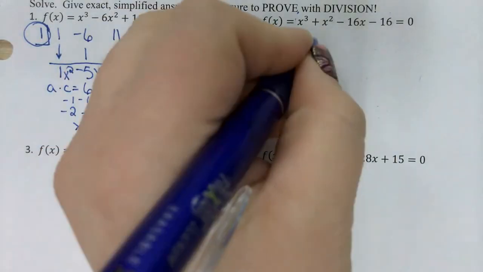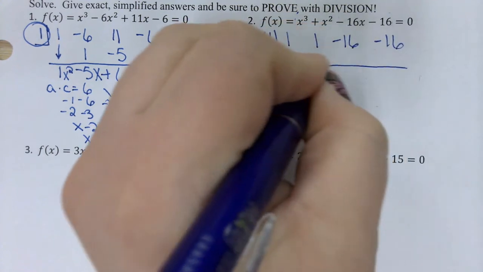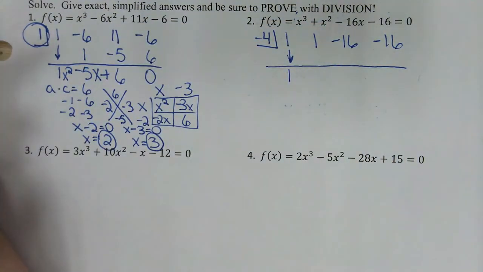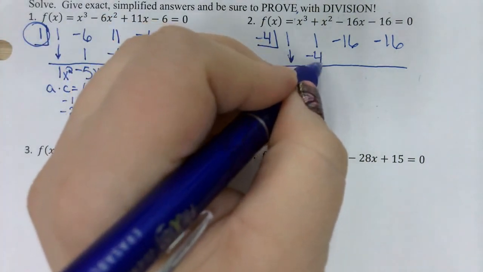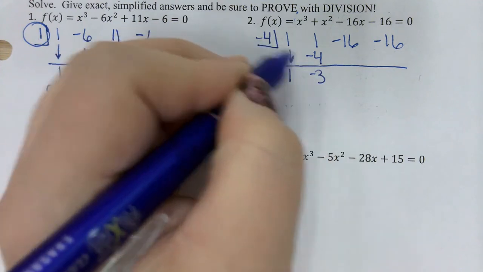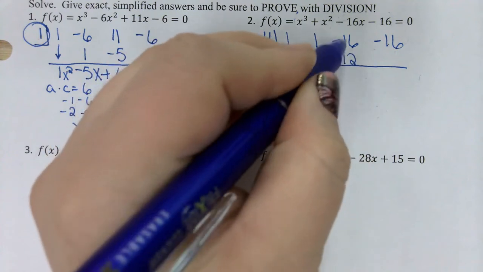So I have 1, 1, -16, -16. Those are my coefficients. And bring down the first one. Multiply. Add. Multiply. Add.